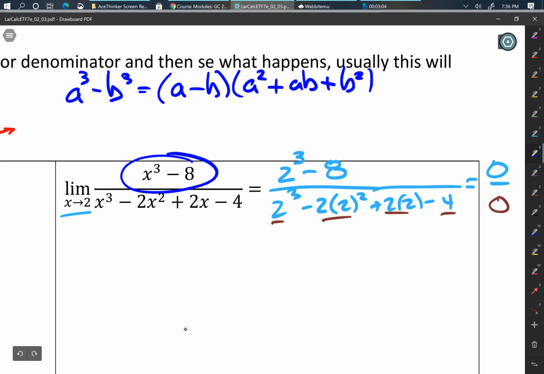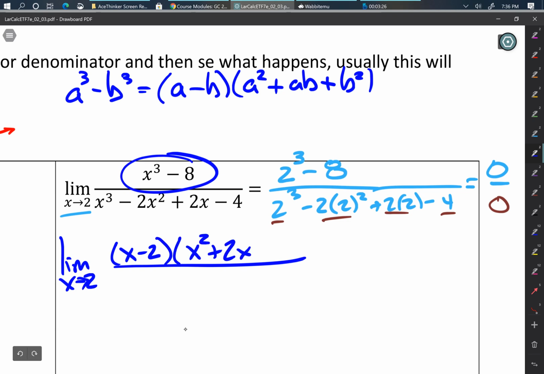Okay? So then what's that going to give me here? The limit as x approaches 2 of x minus 2 times x squared plus 2x plus 4.